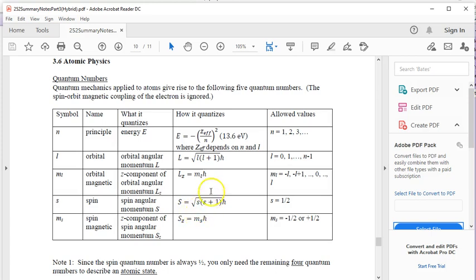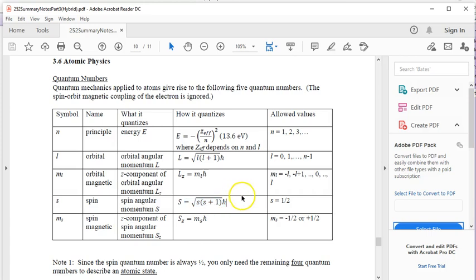In fact, it's identical to how the orbital angular momentum is quantized by the orbital quantum number little l. The spin magnitude is the square root of little s times little s plus 1, all underneath the radical, then multiplied by h bar.